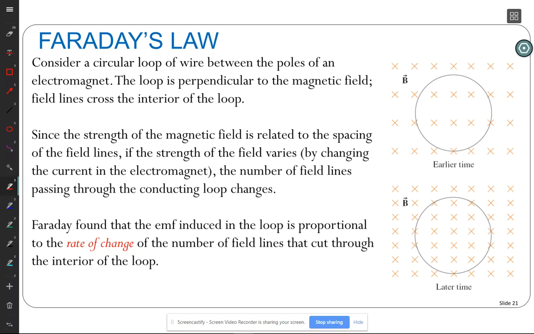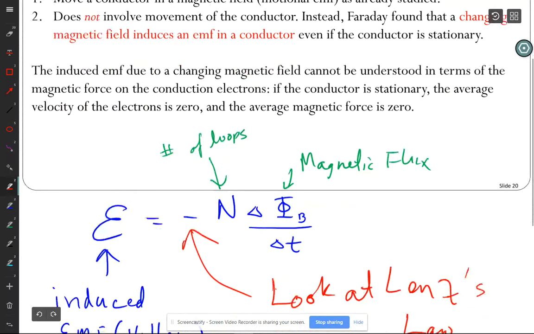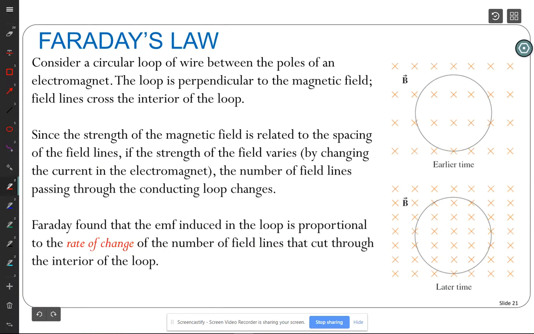So if the flux is increasing, that means delta flux over delta time is a positive value. And so if I look back at Faraday's law of induction, I have the n, that's the number of loops, and my picture was just 1. With the minus sign, the voltage would be negative, but it doesn't mean anything if I just have a loop that the voltage is negative. But this situation should produce a voltage.